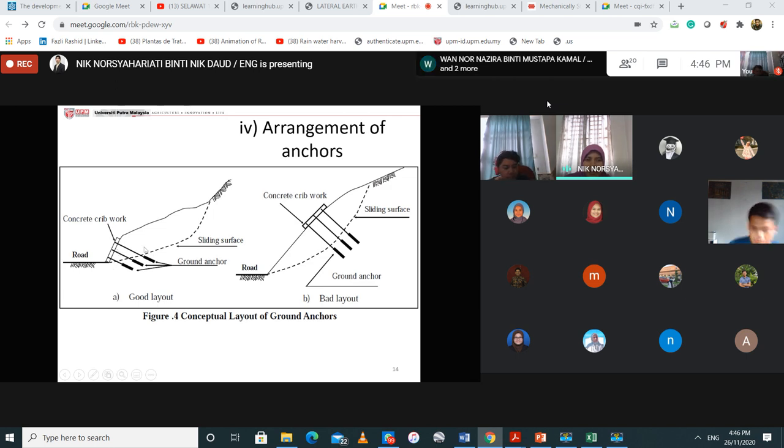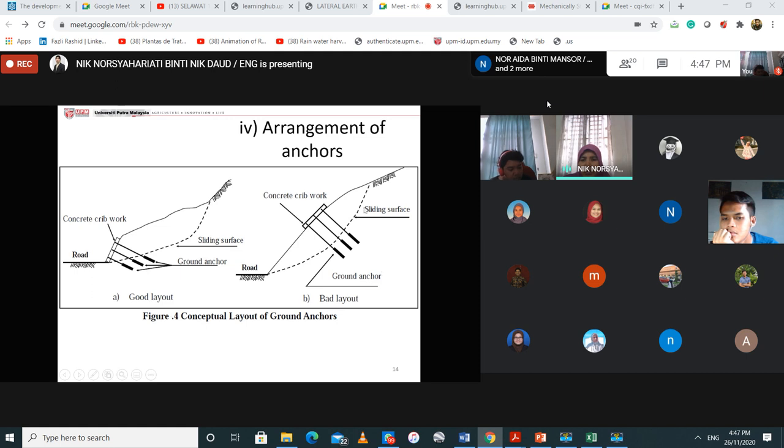And then dia punya ground anchor ni kat bahagian rock back. It's to make sure that it can hold the anchor, and then even though there's maybe some mini sliding will be occurred here, but then still the surface is still can boleh hold intact.